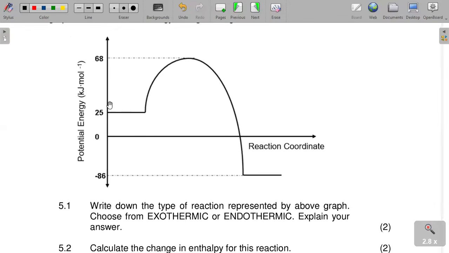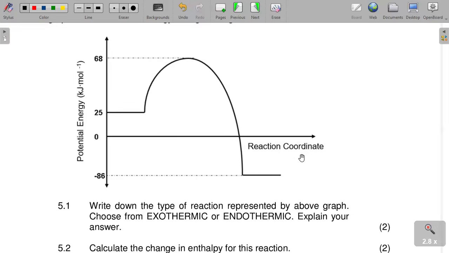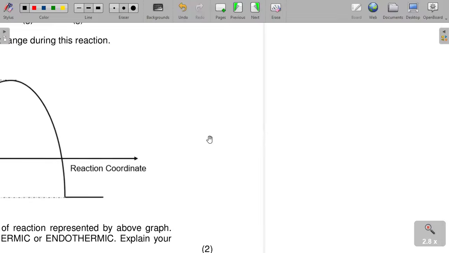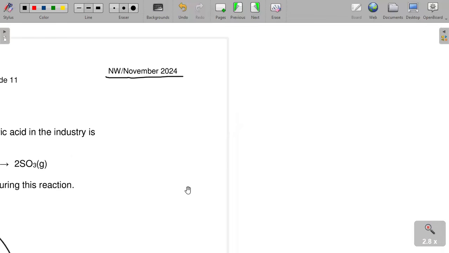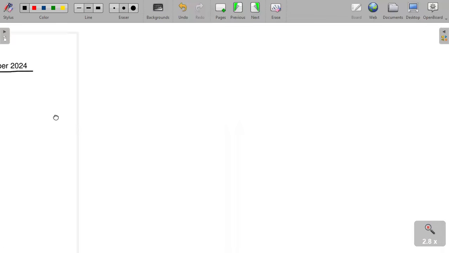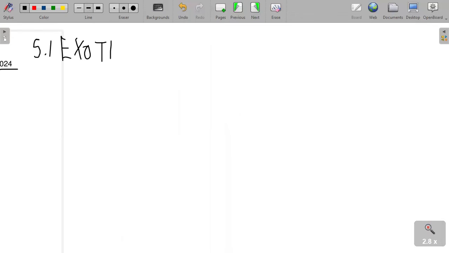The reactants are there, and then we follow the curve until it ends, and you have the products here. The answer is exothermic.